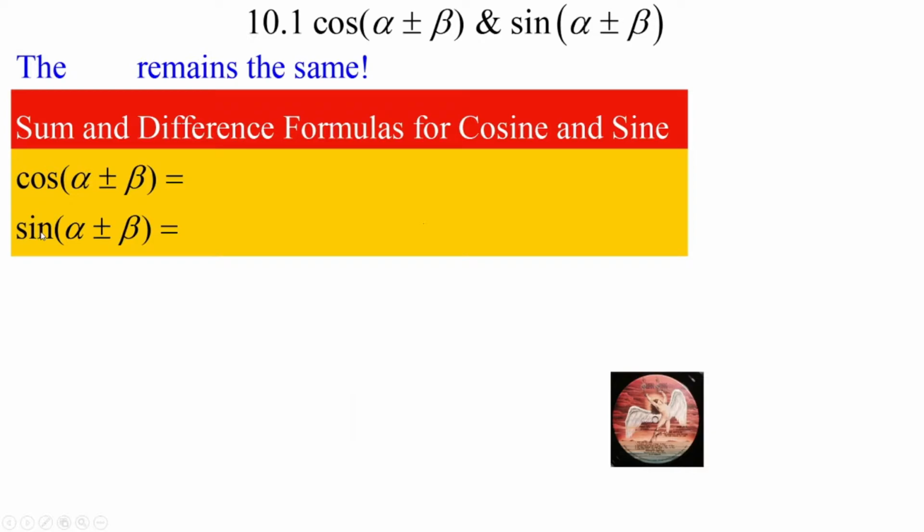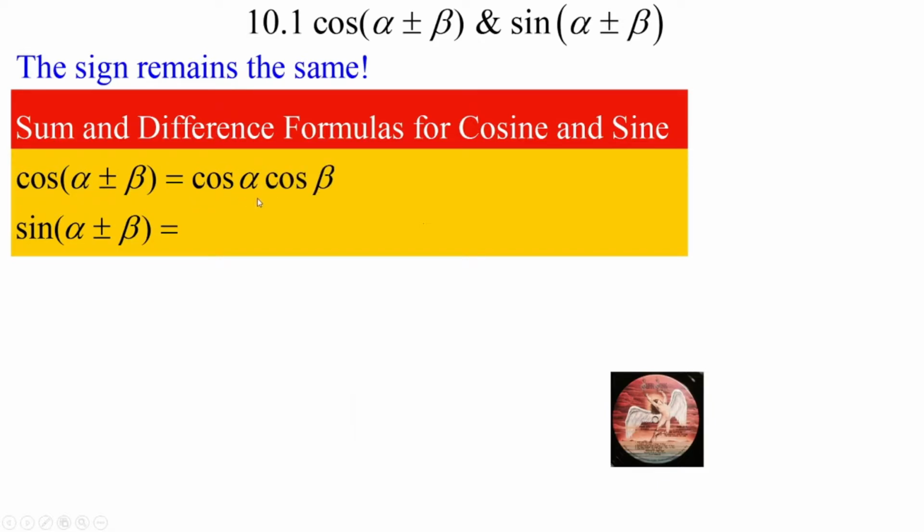So for sine of alpha plus or minus beta, in the identity over here on the right-hand side, the sign remains the same. For cosine of alpha plus or minus beta, the sign does not remain the same, but the function remains the same. So we always started cosine of alpha plus or minus beta with cosine of alpha, and then cosine of beta.